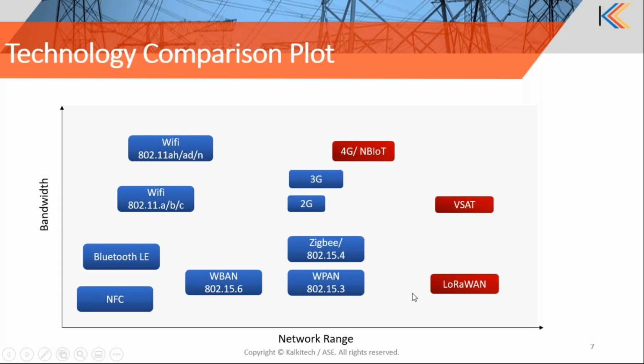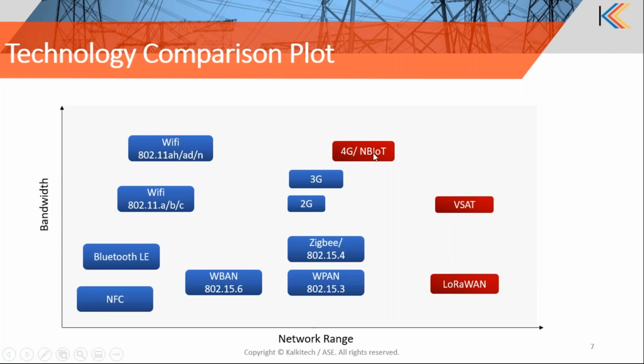So the few best suitable options would be 4G or NB-IoT, that is, the latest cellular network technology, another option would be VSAT, and another option would be LoRaWAN or low power wide area network communication technologies.